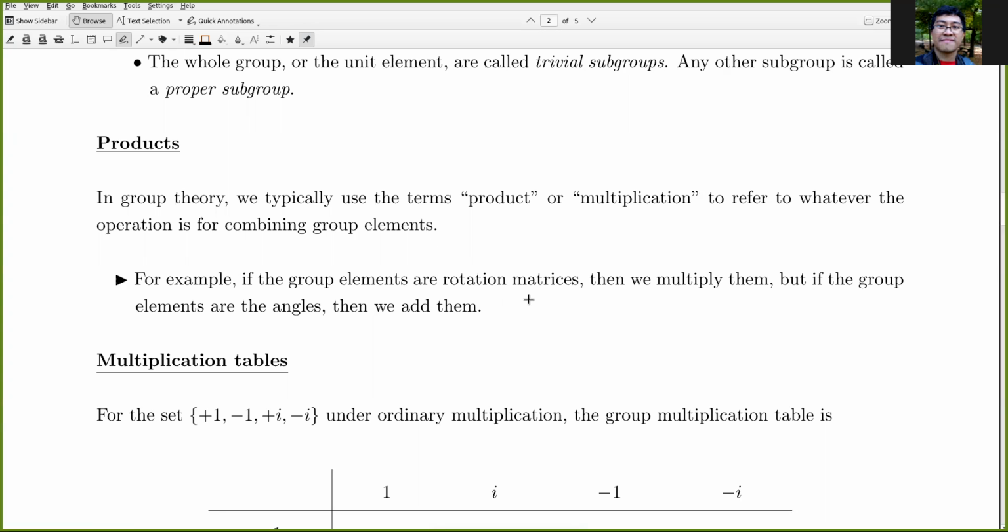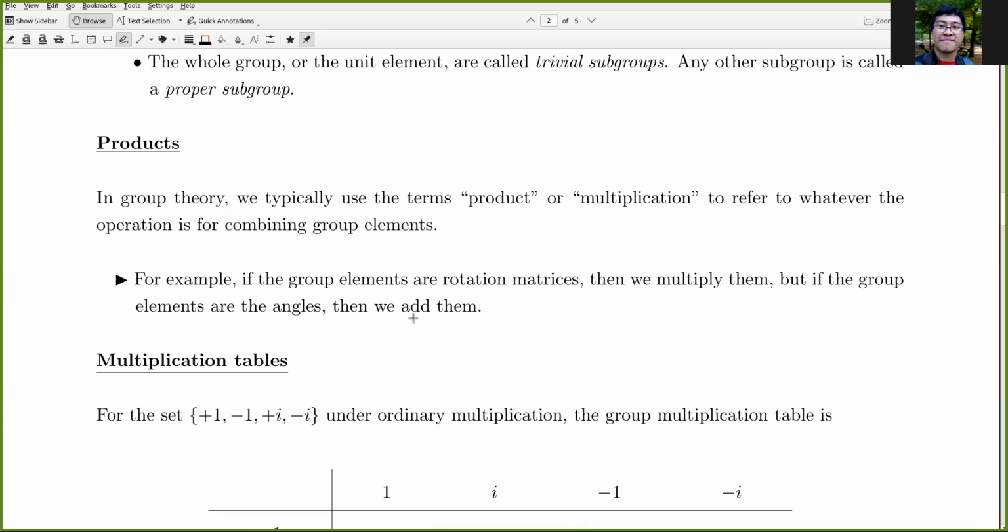For example, if the group elements are rotation matrices, then we multiply the rotation matrices. But if the group elements are angles of rotation, we don't multiply the angles when we apply successive transformations using these angles, but we add them.